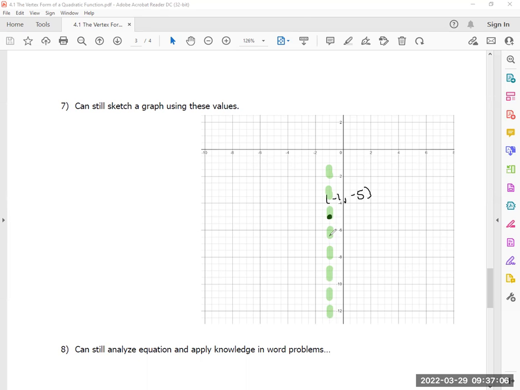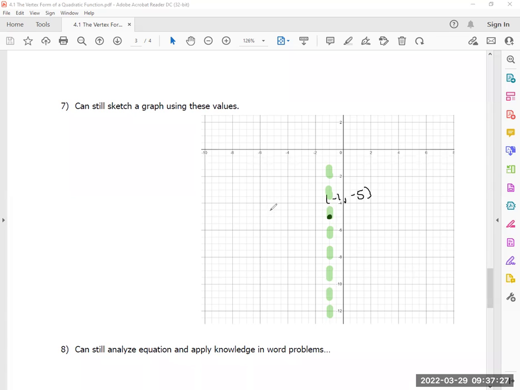Number 3, identify the parabola opening up or down. We established that it was going to be opening downward somewhere. I just don't know where. Number 4, polynomial, sure. Number 5, there are no x-intercepts. That makes sense. It doesn't hit any of these points.